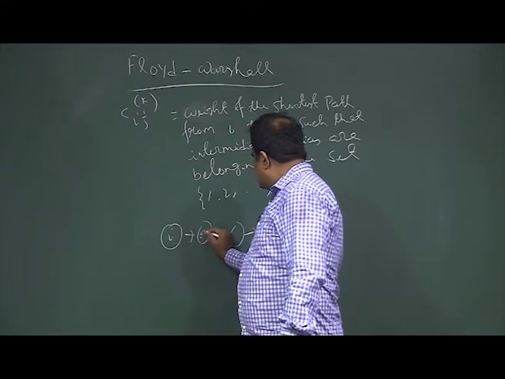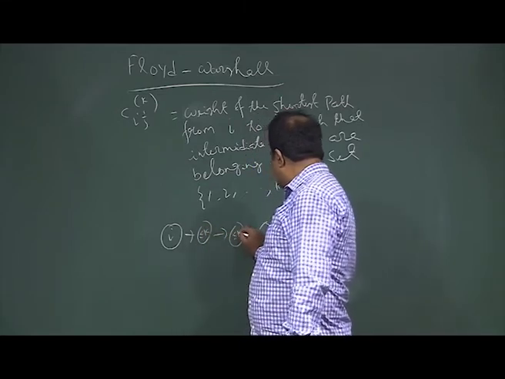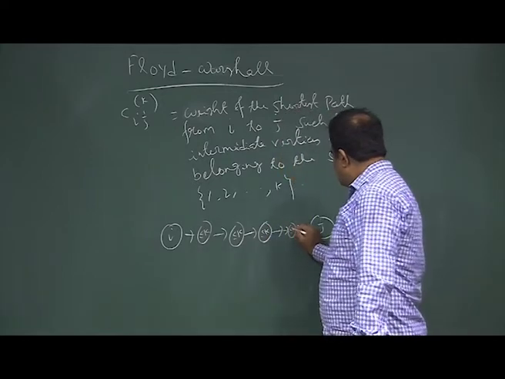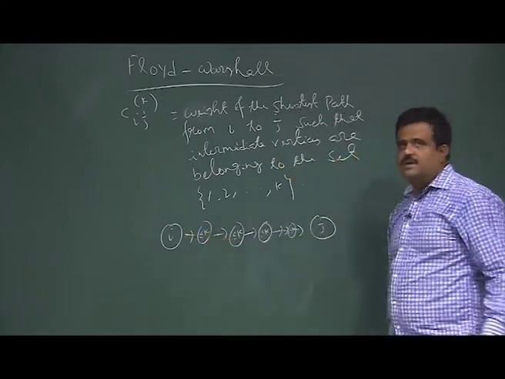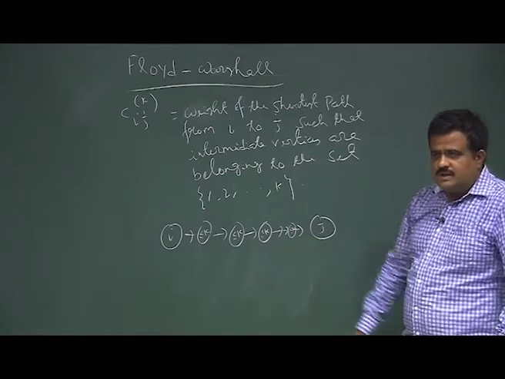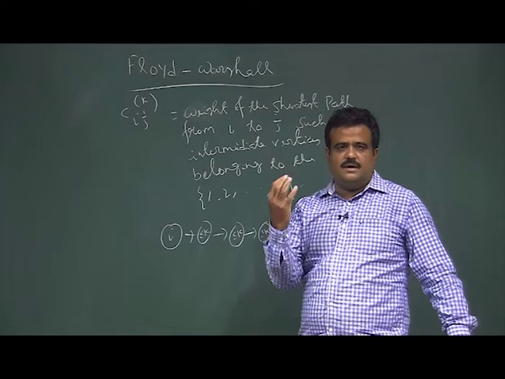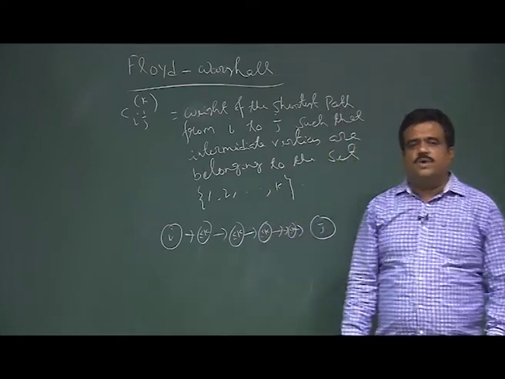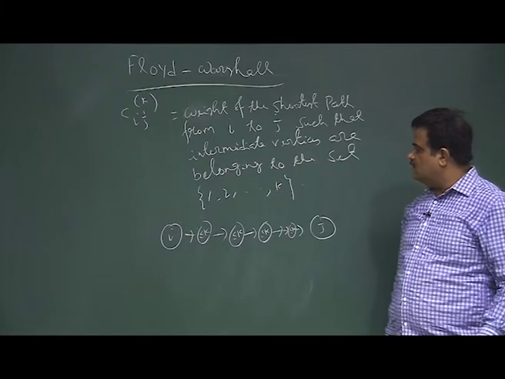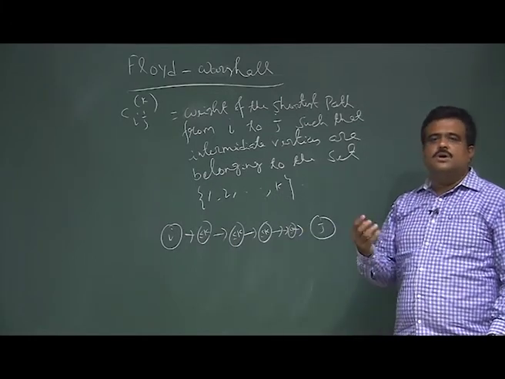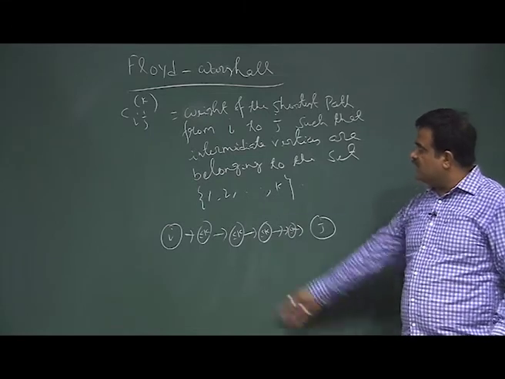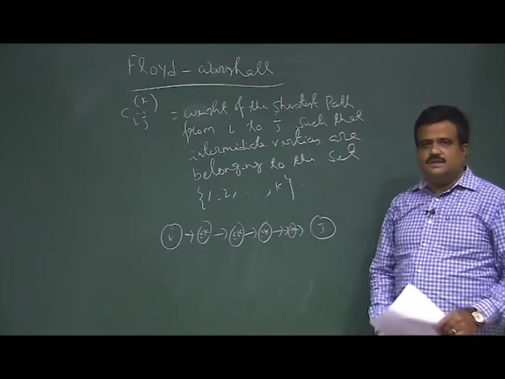All the vertex levels must be less than or equal to k. There is no restriction on i and j, but the vertices in the middle that we are visiting must be level from 1 to k. I mean, we should not see any vertex whose level is more than k. So, we should not see a vertex v_{k+1} or v_{k+2}. So, that is how we define C_ij^k.